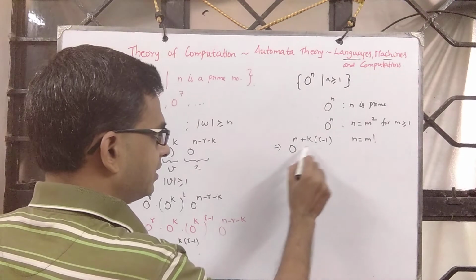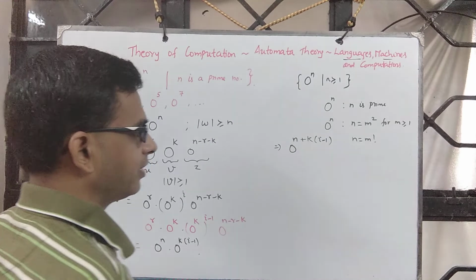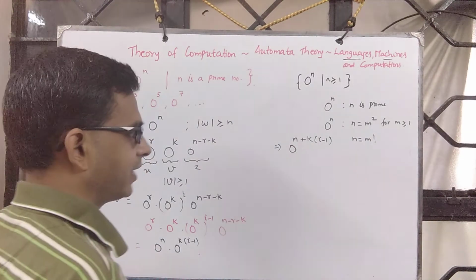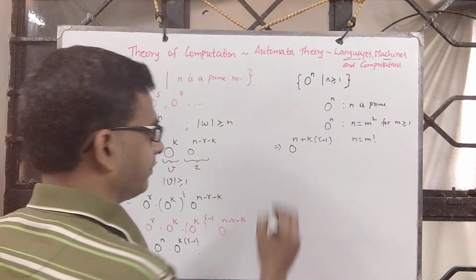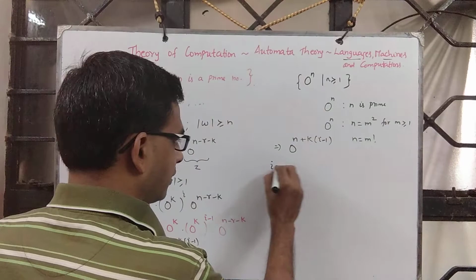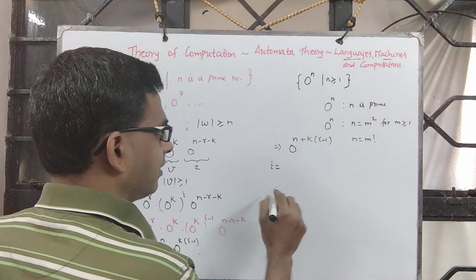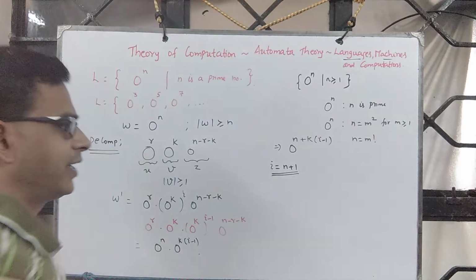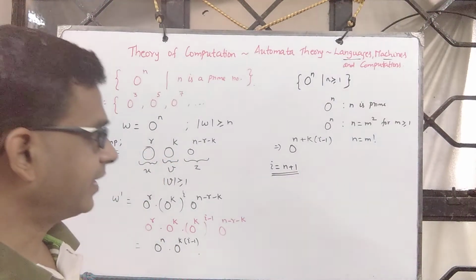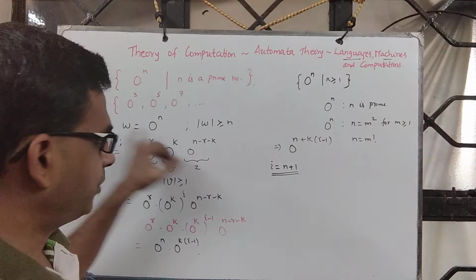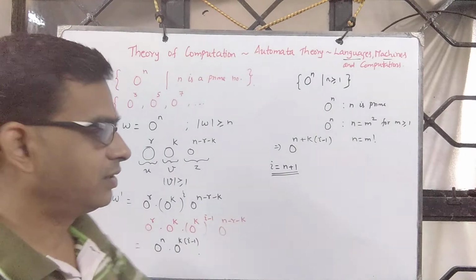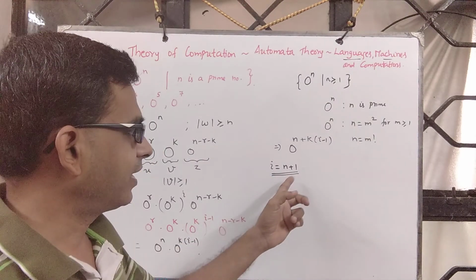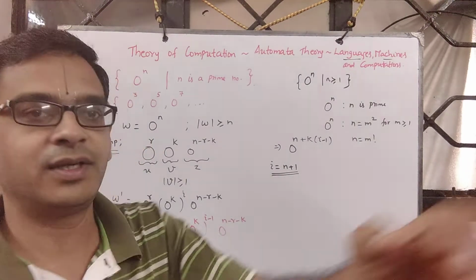So somehow I should write this in product terms so that I can argue easily that it's a composite number. So what I will do, involving n and k, let me choose i to be n plus 1. I could choose any integer, and it says there exists i. So the choice of w and the choice of i is with the person who is actually proving the argument.